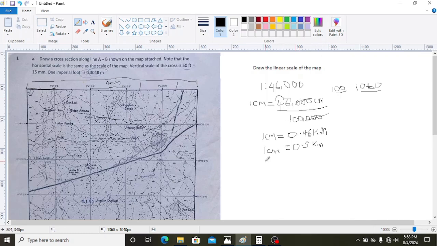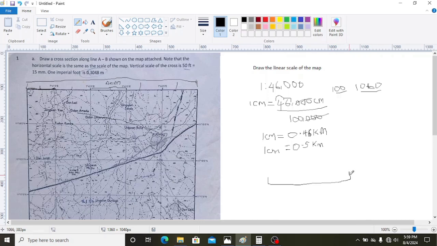So we will draw our linear scale now. Each 1 centimeter we draw on the linear scale must represent 0.5 kilometer. So we have something like this. You are the one to decide how many centimeters to use.